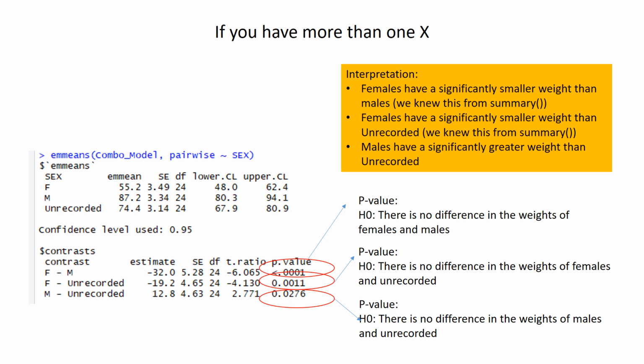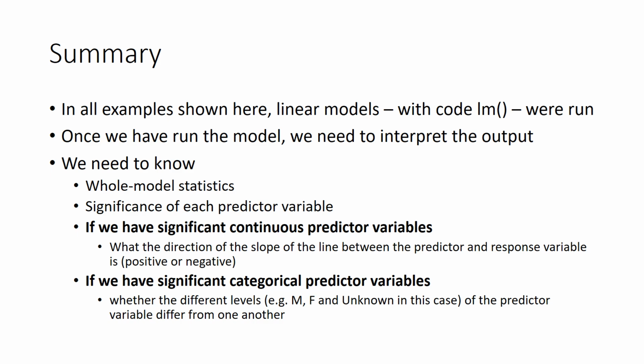So that's why you need to think very carefully in your own models what predictive variables you need to include in the models. Some of you will have only one predictive variable, but others will have more than one predictive variable.